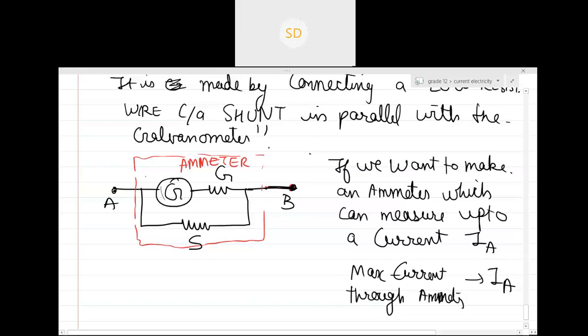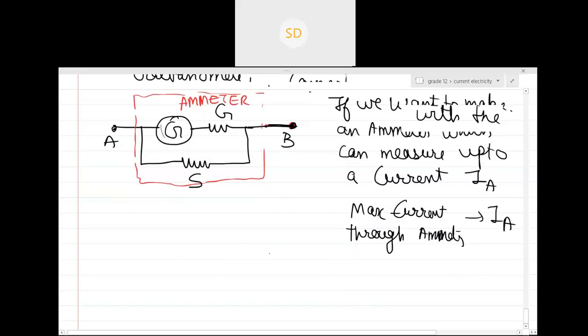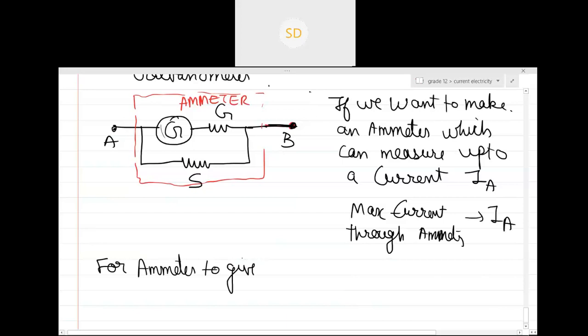Which part of the ammeter will give you the reading? Only this galvanometer part, right? So for the ammeter to give full deflection, IA is the full deflection current for the ammeter. How much current should pass through the galvanometer if I am passing a current IA through this ammeter and I want full scale deflection?